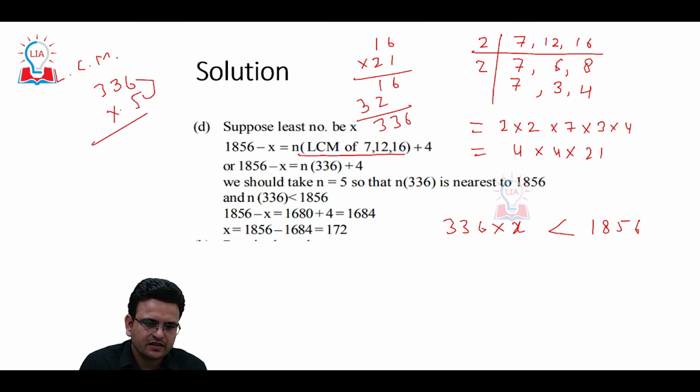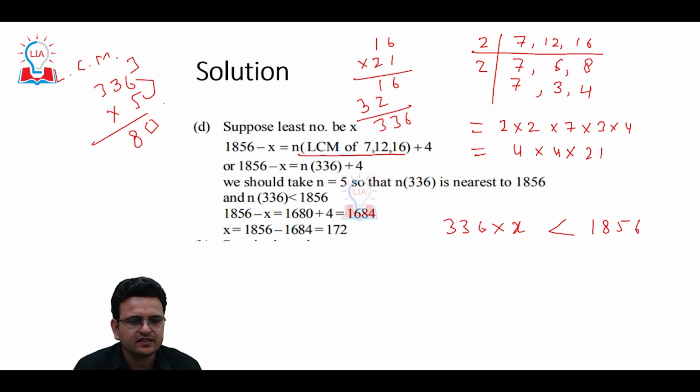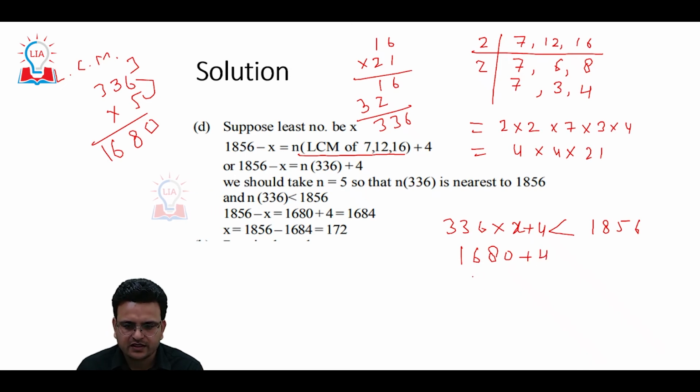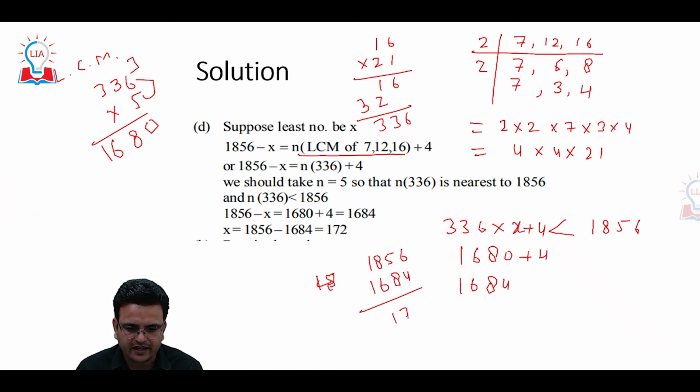So 5 sixes are 30, 5 threes are 15, and 3 carry, we can say 18, 5 threes are 15, and 1 is 16. Okay. So I have somehow 16, 80, but I have to get a remainder 4 also. So this 4, so 16, 84, and now I have to subtract from 1856 minus 1684, and I am going to get an answer.